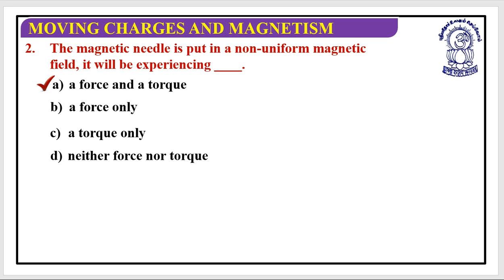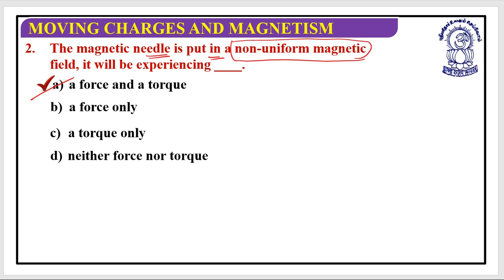Let's look at the next question. It says that a magnetic needle is put in a non-uniform magnetic field. It will experience a force as well as a torque. I hope you understand that this is the same situation. If you remember the first unit, we did the same thing: a dipole placed in a uniform electric field, then in a non-uniform electric field, where the dipole has a force and a net torque.